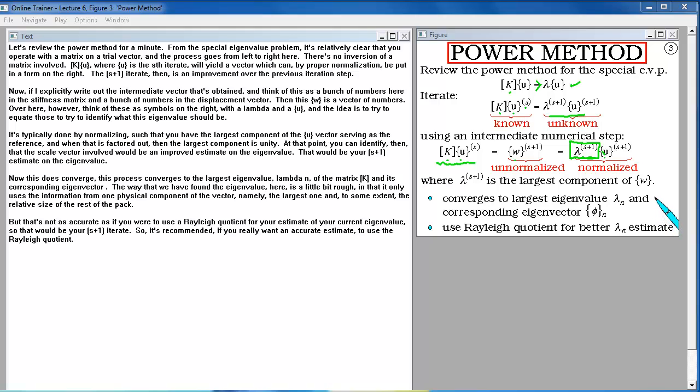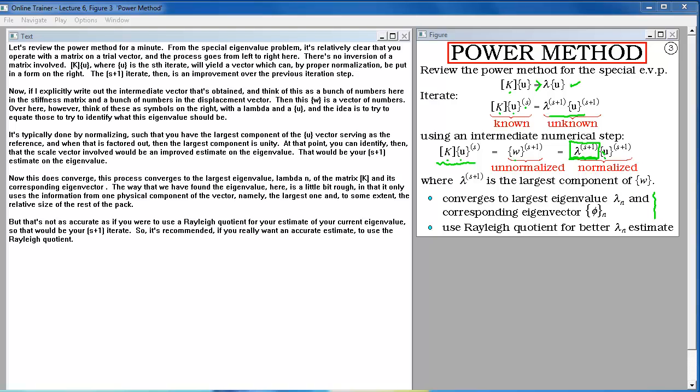Now this process converges to the largest eigenvalue, lambda n, of the matrix K and its corresponding eigenvector. The way that we have found the eigenvalue here is a little bit rough in that it only uses the information from one physical component of the vector, namely the largest one, and then to some extent the relative size of the rest of the pack.